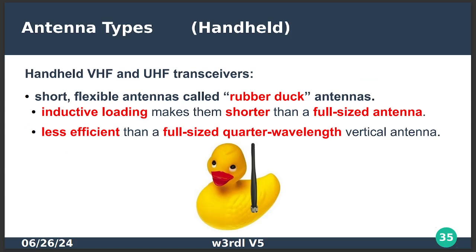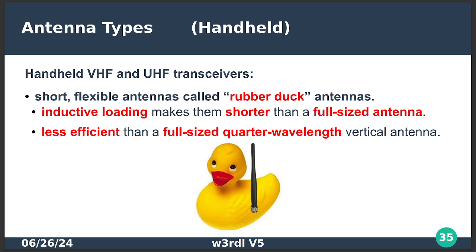Antenna types, handheld. Okay, handheld VHF, UHF transceivers usually have that short, somewhat flexible antenna. Now, the radio that I brought the other day had a much longer antenna that was way more flexible. This one is flexible, but not a lot. But this is what they're referring to when they talk about the rubber ducky antenna. Not every radio that you buy with a rubber ducky antenna will be able to screw off the antenna.